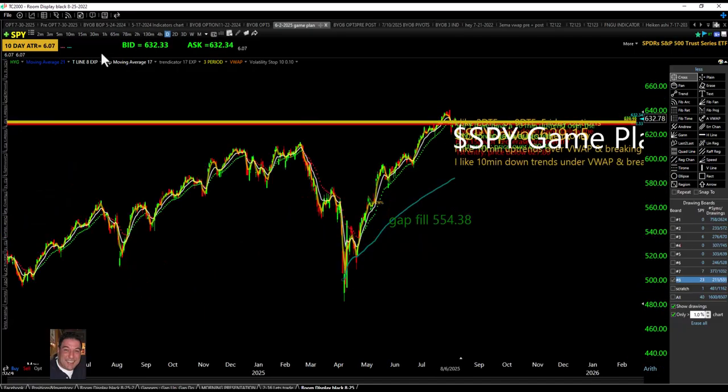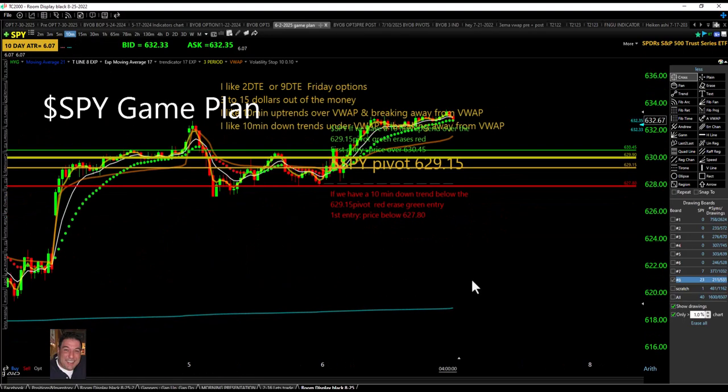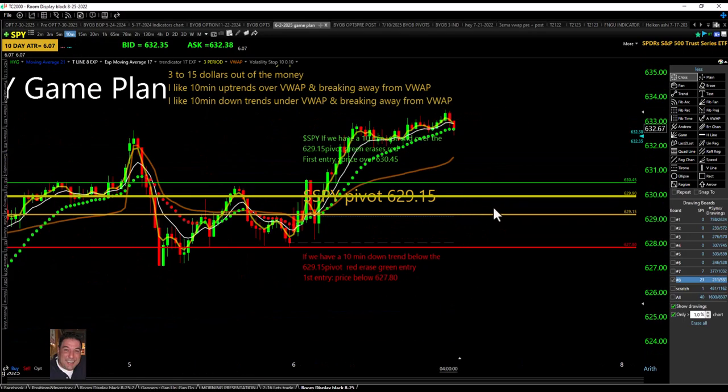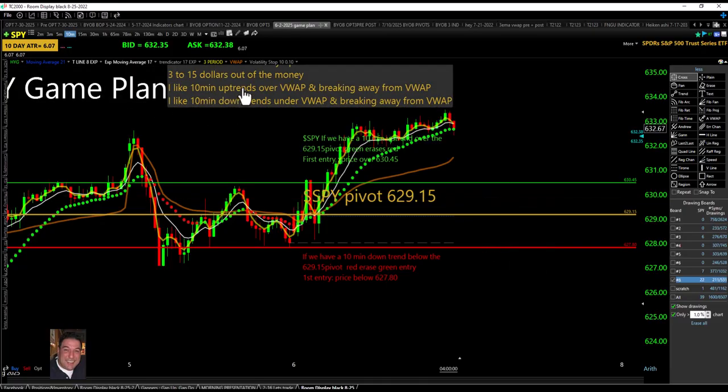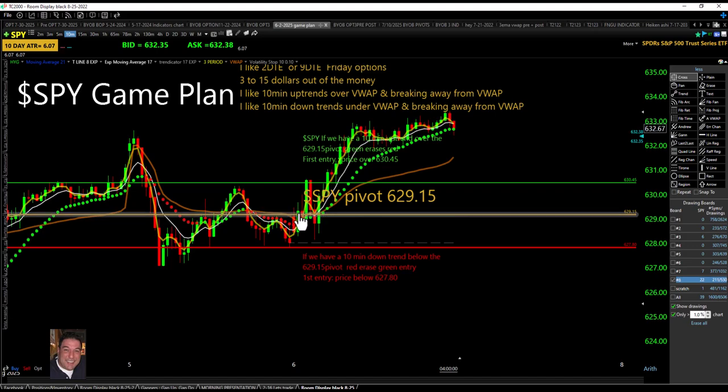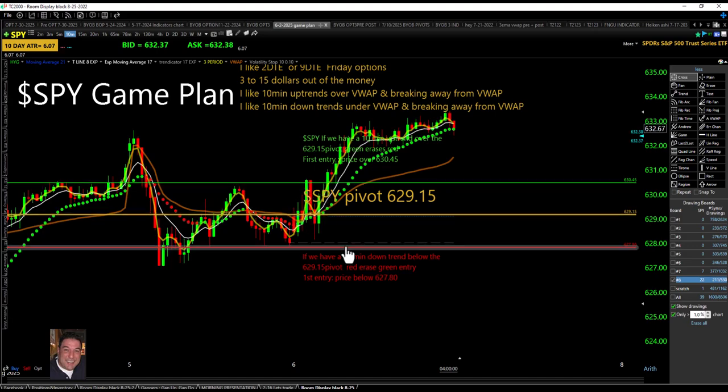When I do the game plan, I draw my own pivots, and my pivot is usually very close to their pivot. So when I do the game plan, this is my pivot. Of course, the green erases red and the red erases green right there. John, Lee says, thanks, Tech.